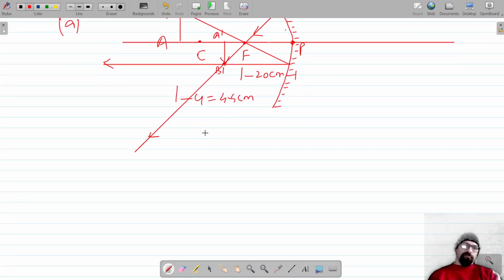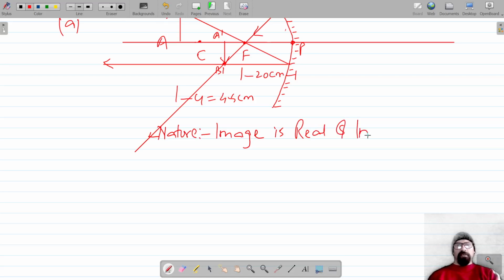So two properties of the image formed in this case. Let's write down the nature of the image. The image is real and inverted. And also, if we have to write down the position of the image, let's write down two properties.